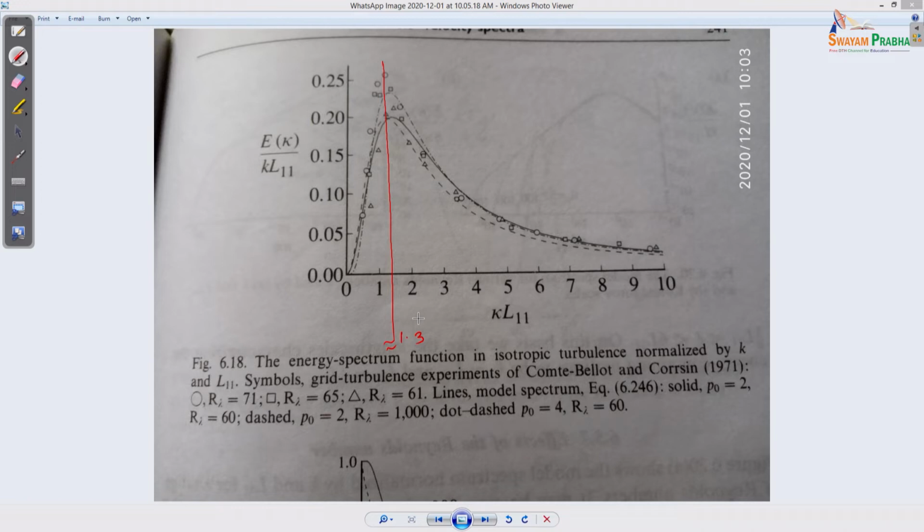If I take another point here, this point 1, as you can see, about 10% of the energy is less than this. So, about 10% of the energy exists when k L11 is less than 1.